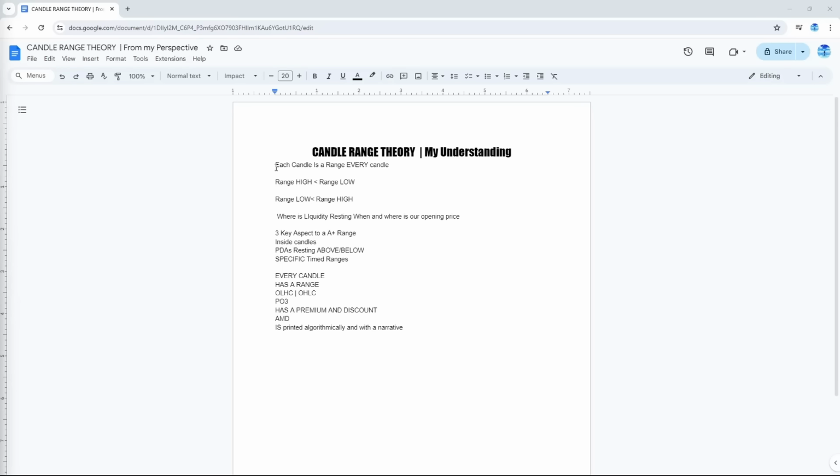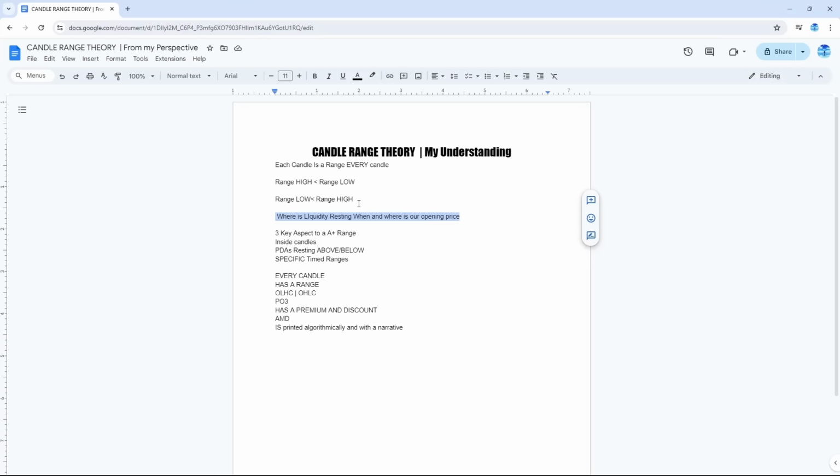On your own charts, I want you to use your head and see how each candle, we go to the range low of the candle and range high. Range low, range high, internal, external, internal, external. We saw where liquidity was resting and where our opening price was, whether it be a previous day liquidity, previous session, and so on.